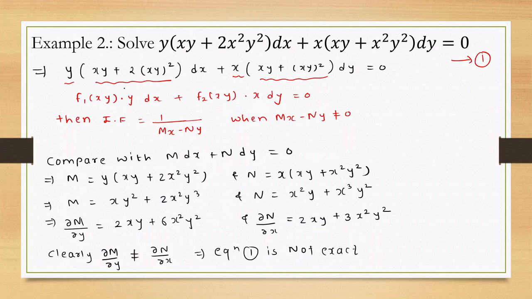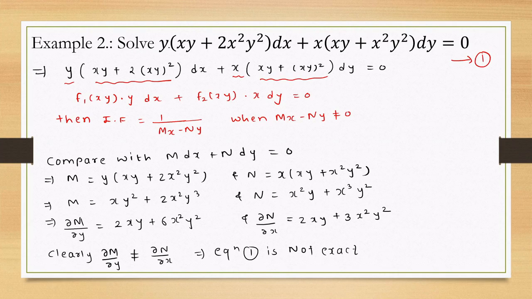Now given equation, we can write it in the form of f1 xy into y dx plus f2 xy into x dy is equal to 0. In that case, rule number 3 says that the integrating factor is 1 upon M into x minus N into y, provided that M into x minus N into y is non-zero, right?